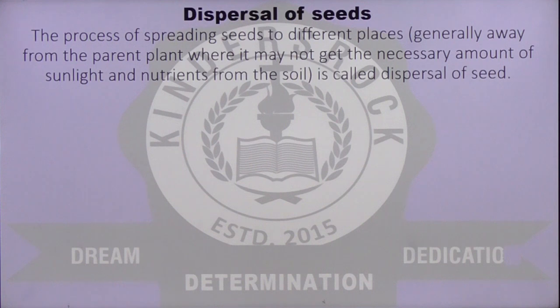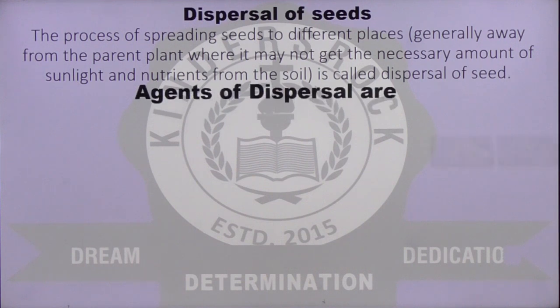The seed has got to be dispersed away from the parent plant, because if it falls underneath the parent plant, it will not get the necessary amount of sunlight and nutrients. So, what is dispersal of seed? The process of spreading seeds to different places is called dispersal of seed. It has to be always away from the parent plant.